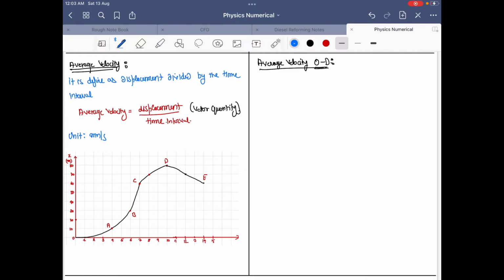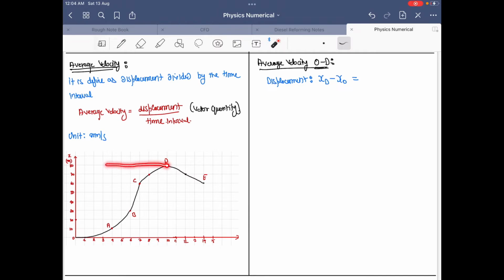In this case, first you need to find the displacement. Displacement is the final position, that is position D, minus the initial position. So what is the final position?